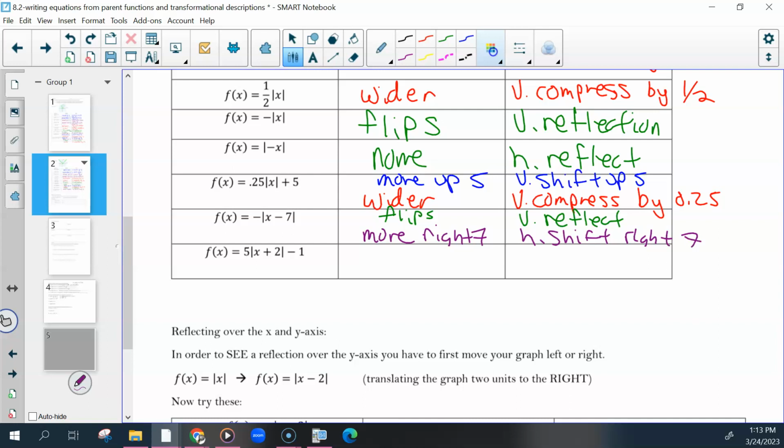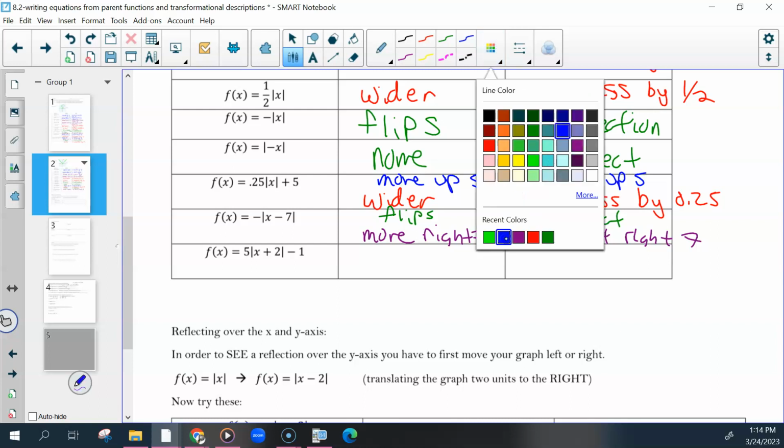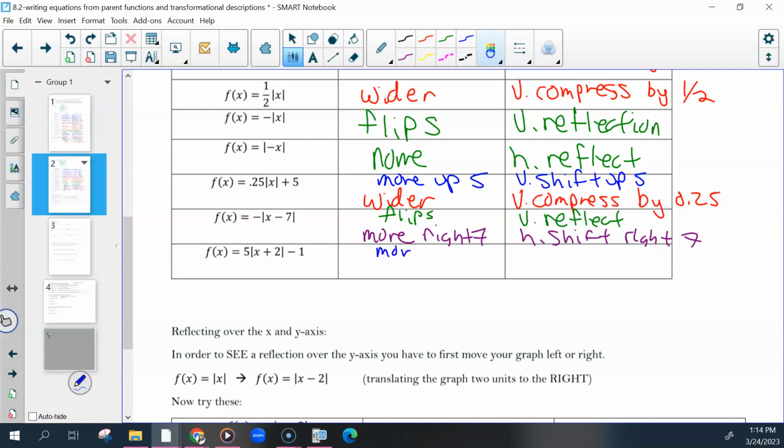And then the next one, find what changed. Did it move up? Move down. By how many? Okay. What else?